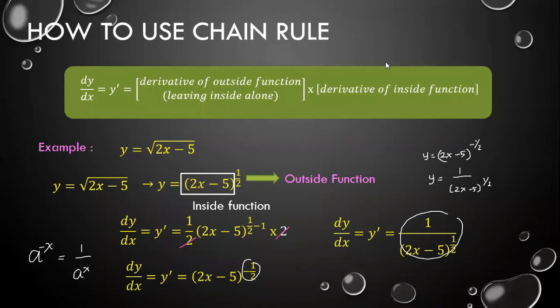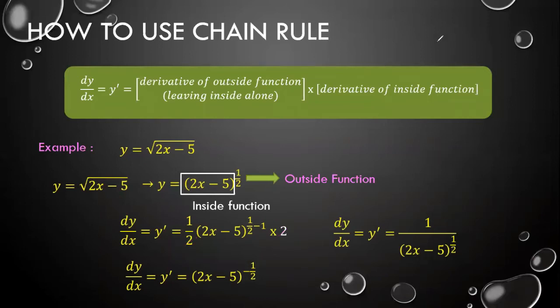Okay, next. So dy over dx or y prime equals 1 over the square root of 2x minus 5. Very easy, right?